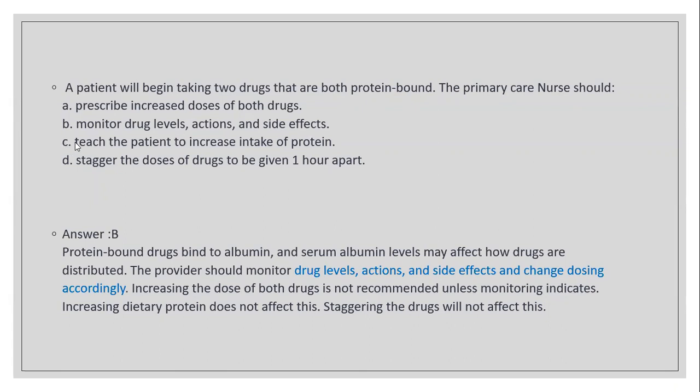Number C, educate the patient to increase intake of protein. Number D, stagger the doses of the drugs to be given 1 hour apart. So the correct answer is B, monitor the drug levels, the action of the drugs, and side effects.